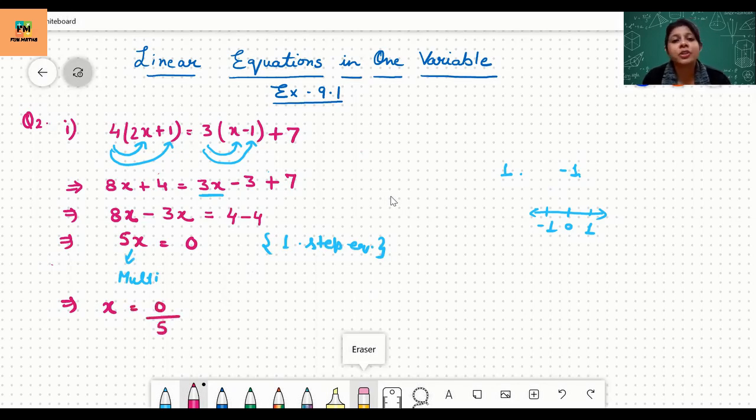Yes, this multiplication will be undone by the operation division. So this 5 will come under number 0. And we know when we divide 0 by any number, we will be getting 0. So what is the value of x? 0. Let's move to the second part of this question.